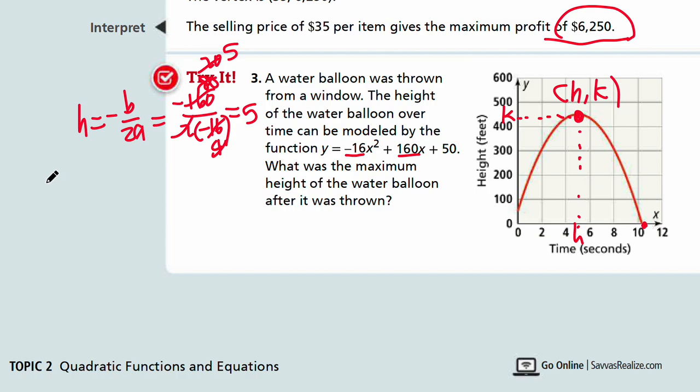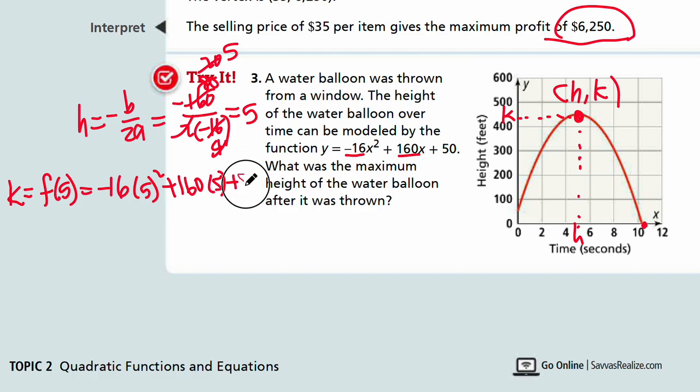And then in order to figure out your k, it is f of 5. So plug in 5 for each x. And then you'll be able to figure out that this is 450. So h is 5, k is 450, but you have to interpret this in real life.